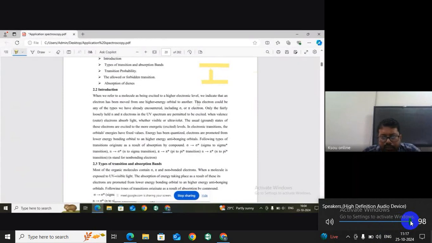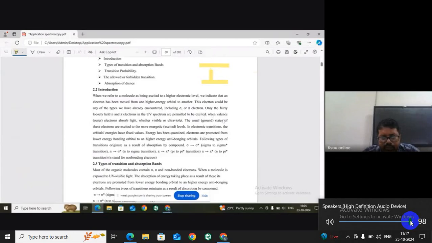This electron cloud can be any of the types we have already encountered, including sigma and pi electrons. Only the fairly loosely held n and pi electrons in the UV spectrum are permitted to be excited.